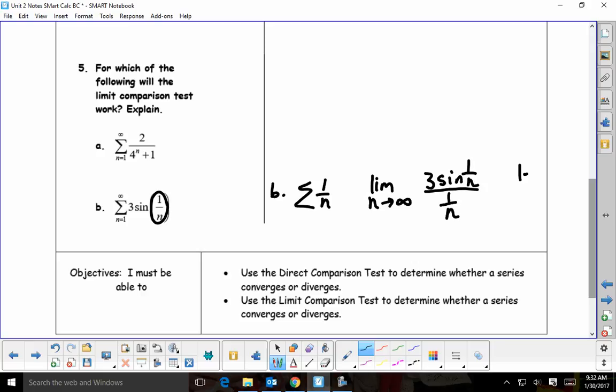What am I going to let 1 over n equal? Easy variable. I'm going to pick x. See if you can finish this down. We've been doing this since chapter 1. Yeah, we haven't gone to the point yet. We're just finishing up the point.